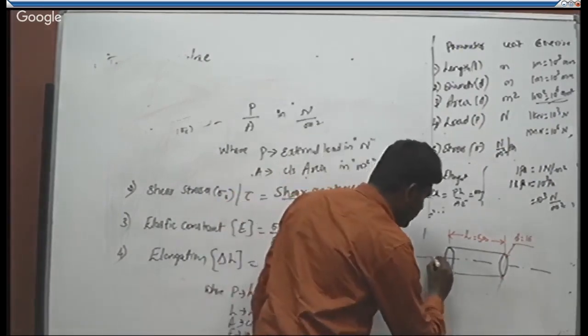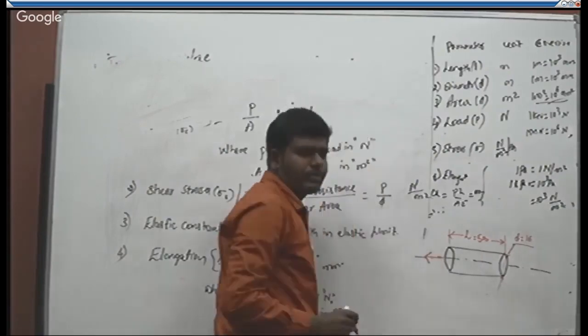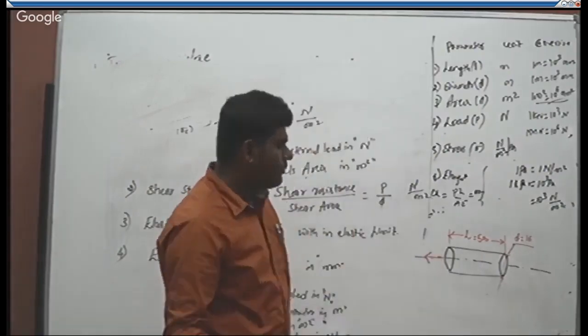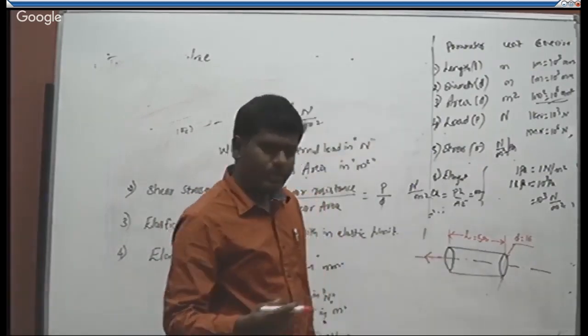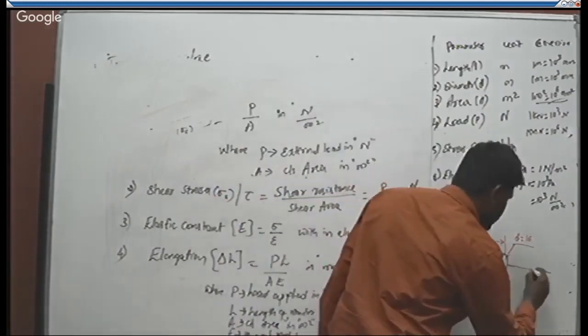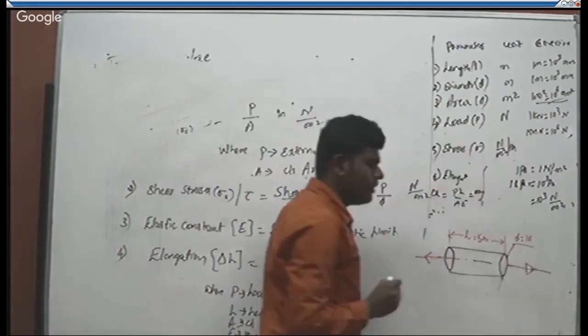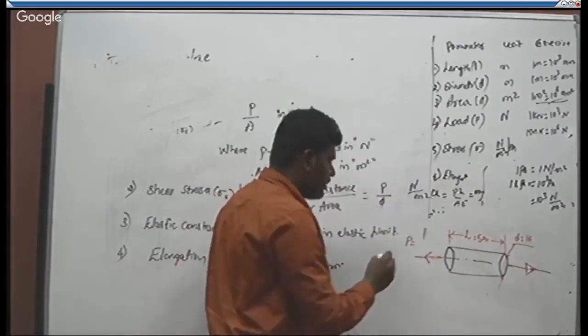This is in line with the axis, and the direction of the force is away from the body. They have not given any boundary conditions, whether it is fixed on one side or not, so we can apply the tensile force on both sides. The direction is moving away. They have given the magnitude P is equal to 40 kilonewton.